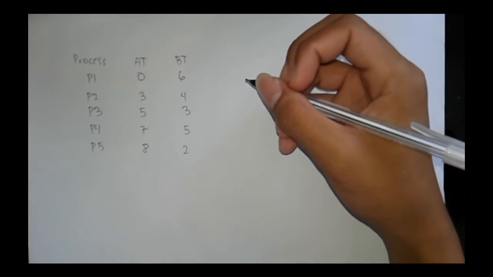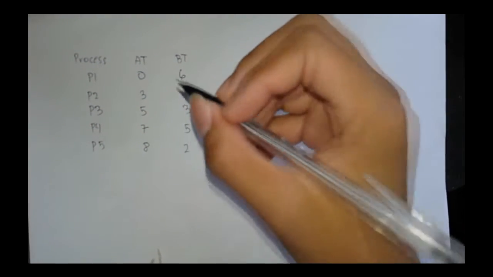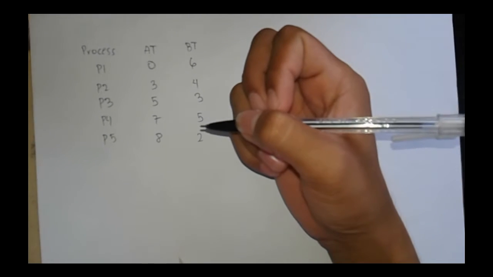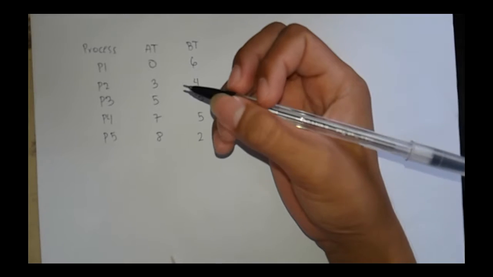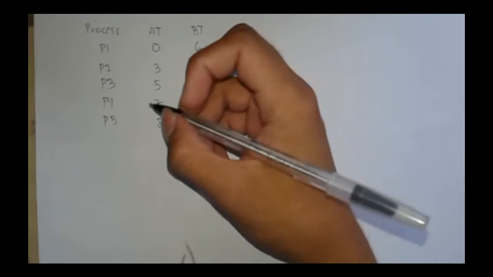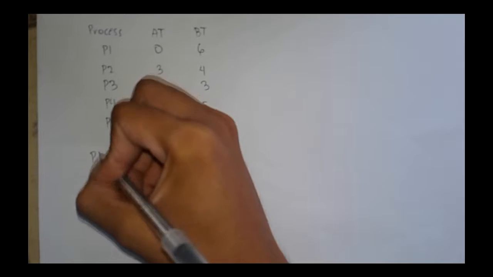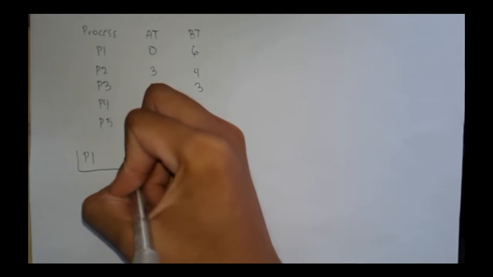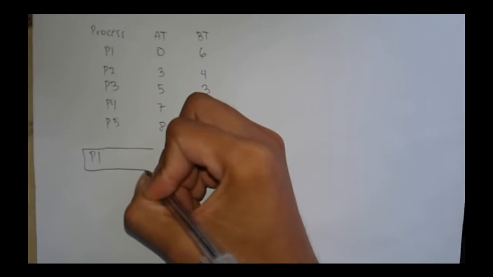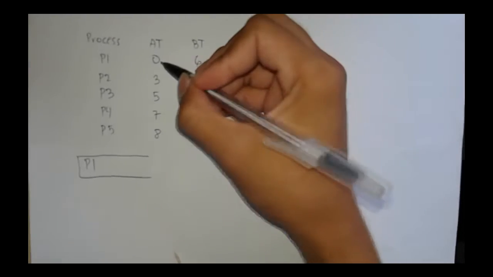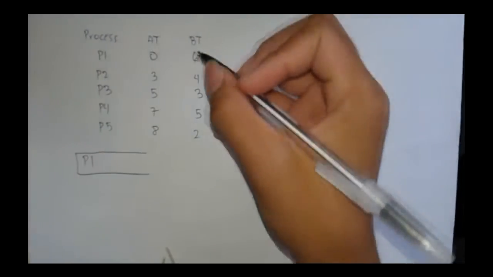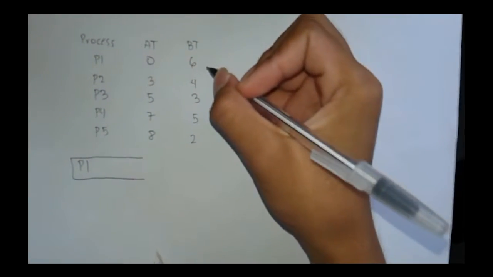Okay. So the first thing you need to do is draw a Gantt chart. So P1 has an arrival time of 0 and a burst time of 6.